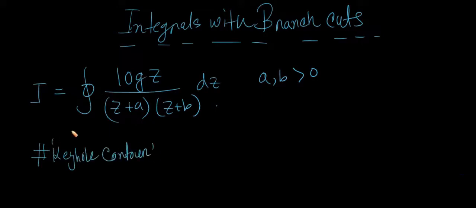And I'm going to draw the contour so that you can see what I mean by a keyhole contour. So let me go down a bit. Let's try to draw the real and the imaginary axis first. I'm going to go with a dot dot dot dot for the real axis. The reason will be apparent very soon.